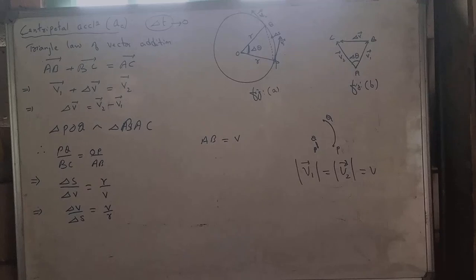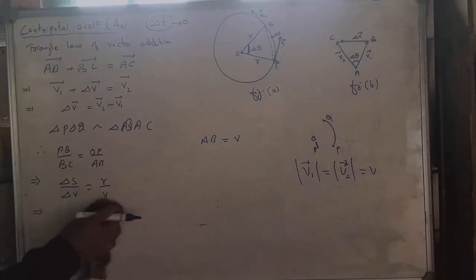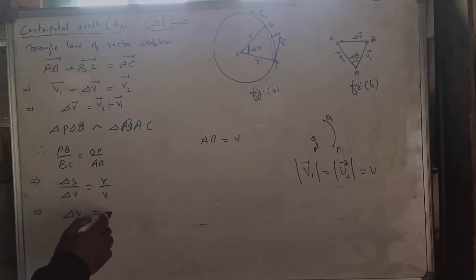So just cross multiply. Let me write it this way, again I made a mistake, sorry. So delta V will be V upon R, delta S.